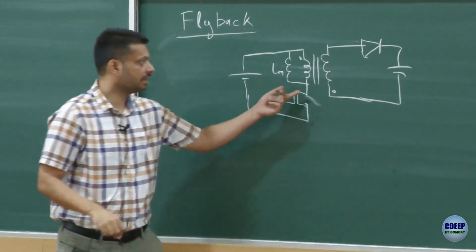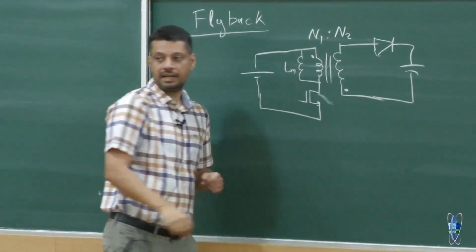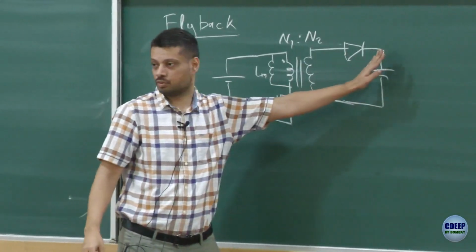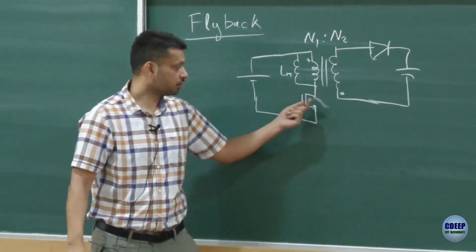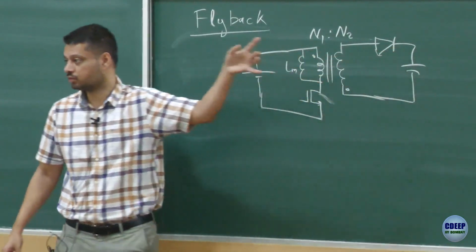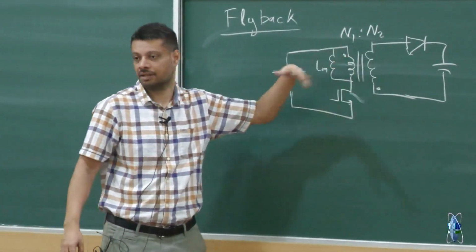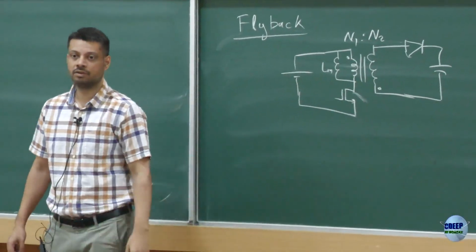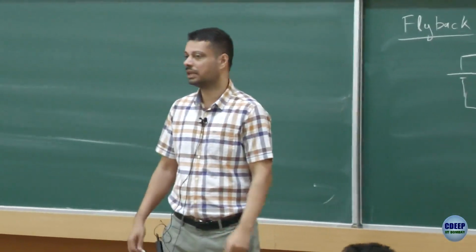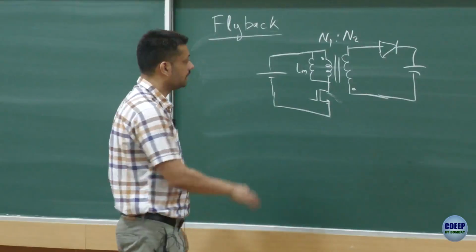If you choose the turns ratio N2 very large, and hypothetically even if you don't use this capacitor, you turn the switch on, then when you turn it off, this output side would have a very large voltage appearing, if you choose the turns ratio N2 to be very large compared to N1. We will of course derive the expression now. I think this was used to create a very high voltage pulse at the output. That was some of the initial applications of this.